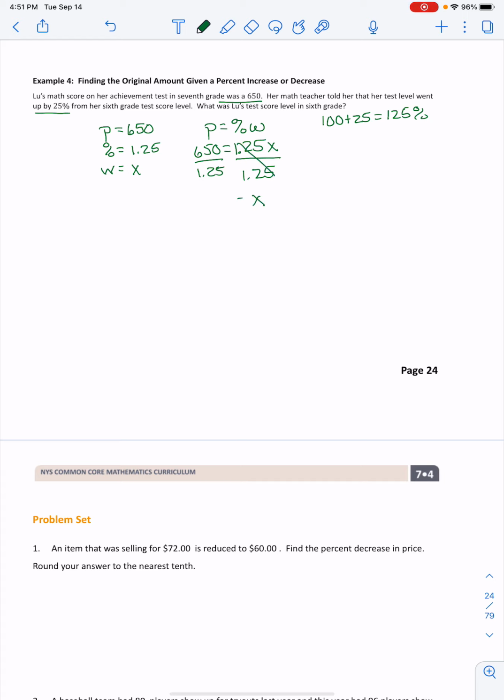So X is going to equal 520, which is going to be her test score in 6th grade. And this ends our lesson.